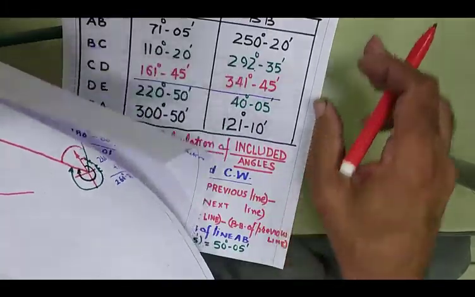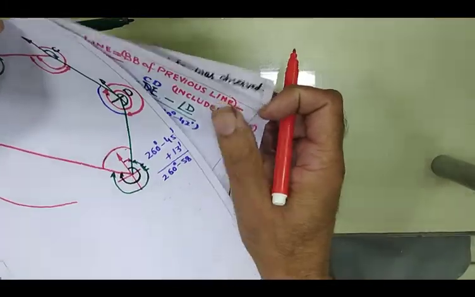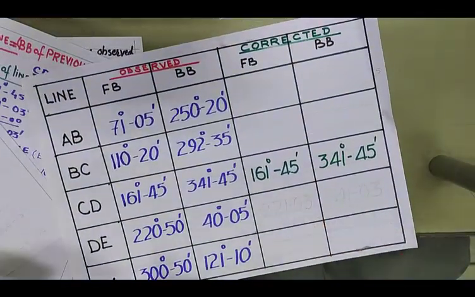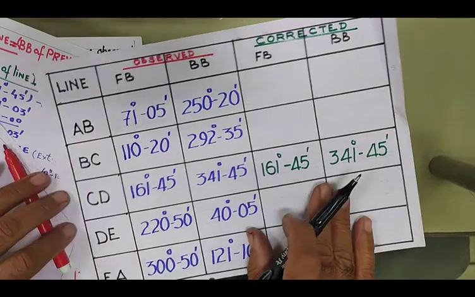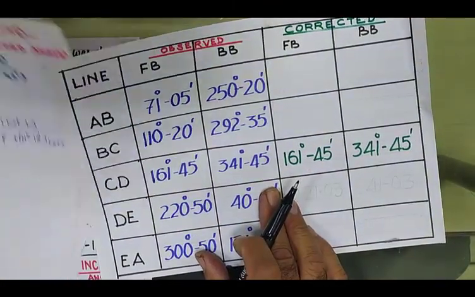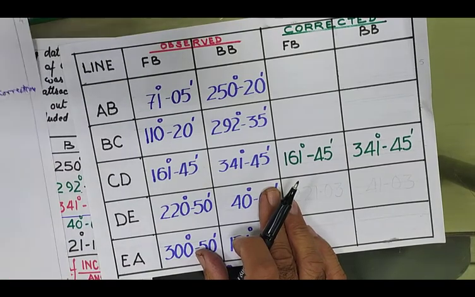Now you can put in the table the values you have already calculated. I have prepared this table. Here you can put the observed values of the lines, and then write down the values you have calculated.